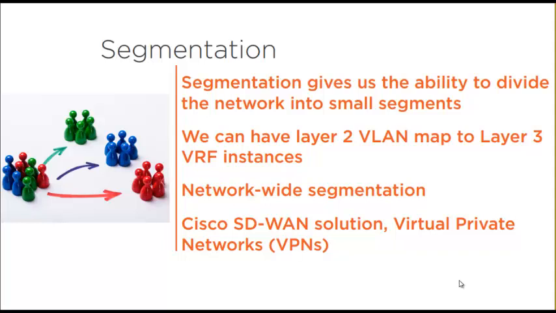And each portion of this network is separate, independent from one another. Now, this separation can be physical or it can be a logical separation. When we talk about VLAN, it's a logical separation. It's a logical layer 2 separation.